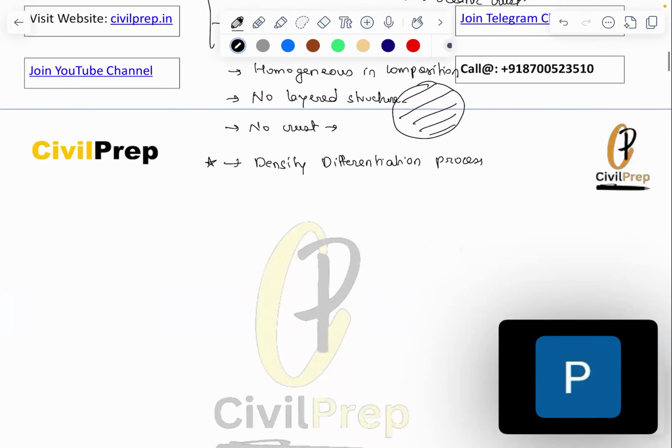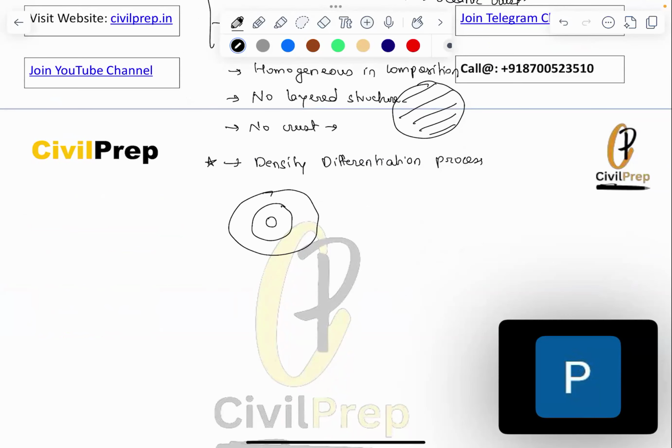Under the density differentiation process, the layering of the Earth's structure started to occur. For example, the inner core became the heaviest. Then there is the outer core, then the mantle layer, and the crust started to form over the surface.